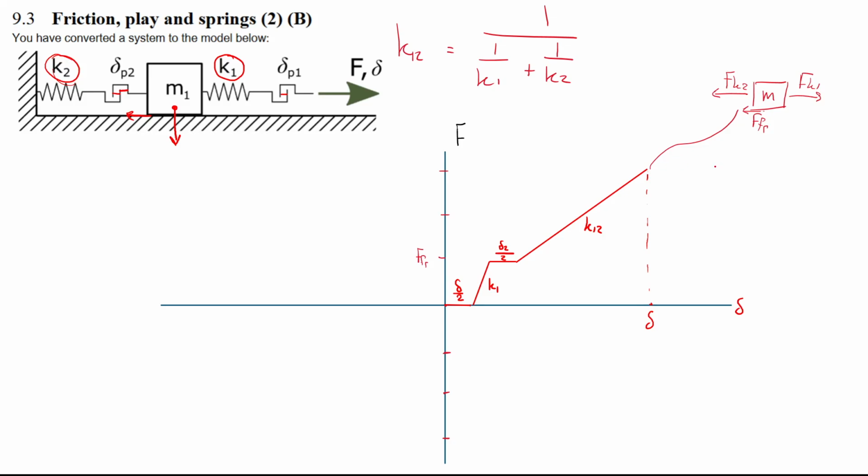We are pulling on it, we have a force, 3 times friction force pulling on it, and on the other hand we have the spring force K2 pulling it back, but also the friction force is pulling in the opposite direction. So first, when we are going to decrease the force of the K1 basically, first we are going to go down once the friction force.